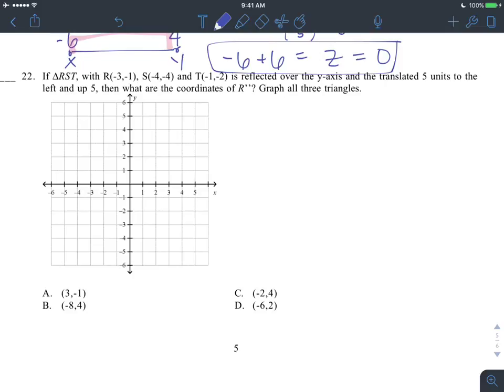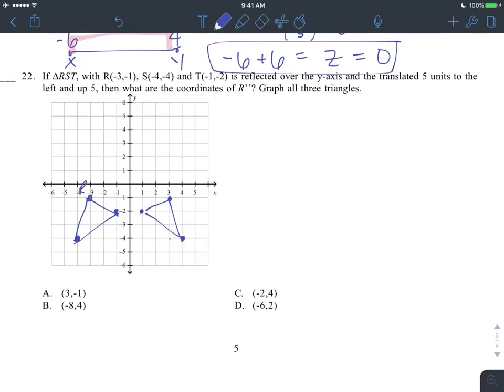All right. Now we're going to have a transformation. So R is at (-3, -1). S is at (-4, -4). T is at (-1, -2). It is reflected over the y-axis. So we're going to have a shape that looks like this.